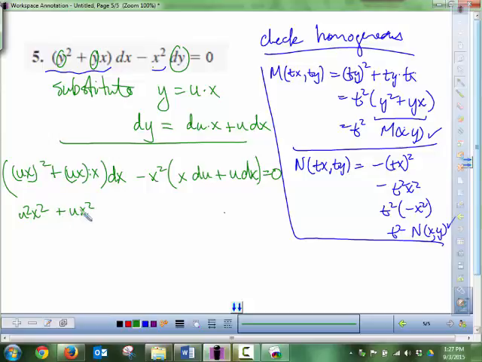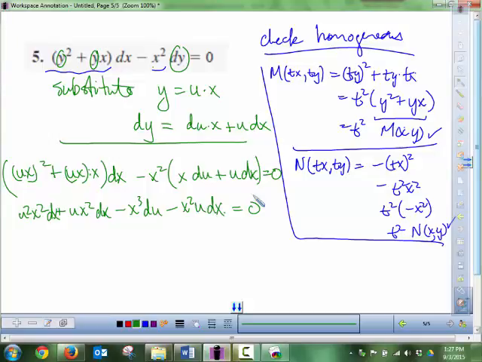Oh, they both have a dx, so I meant to put a dx on both of them. dx minus, this is going to be x cubed du, minus x squared u dx equals 0. Is that good so far?